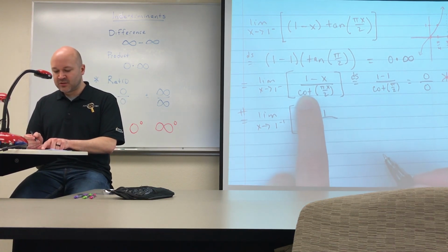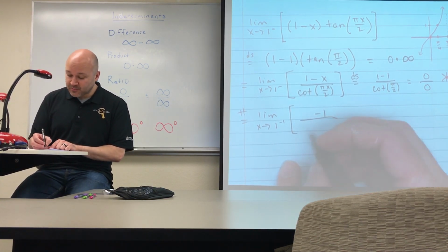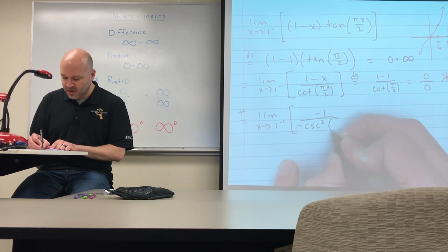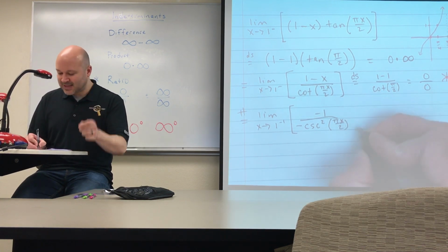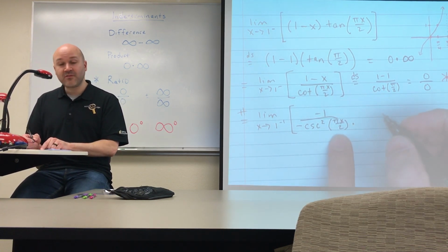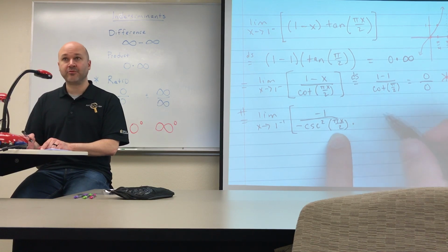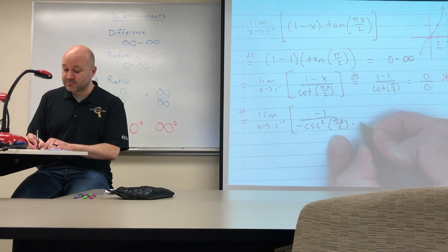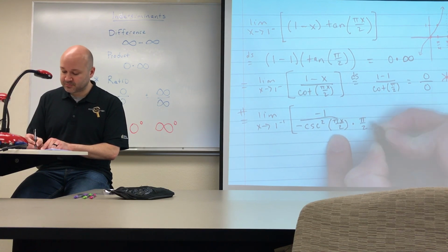So I've got cotangent of pi halves x, so that's going to be a negative cosecant squared of pi x halved times a chain. The derivative of the inside, well, the derivative of a number times x is simply that coefficient. So this is just times pi over 2.